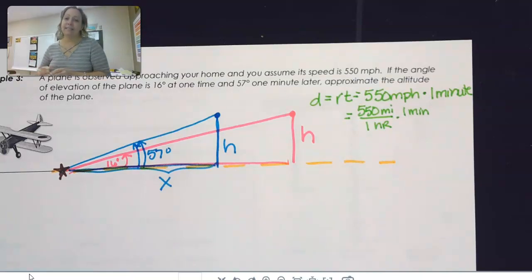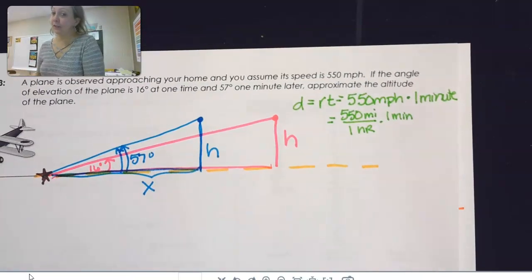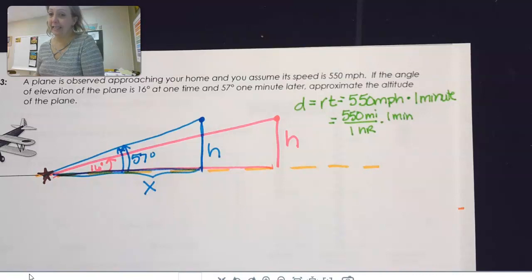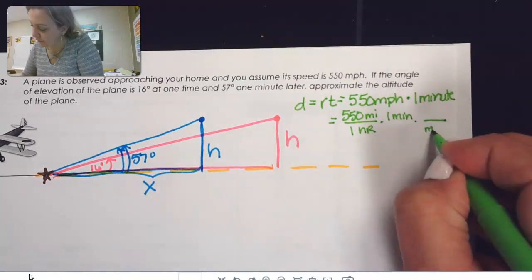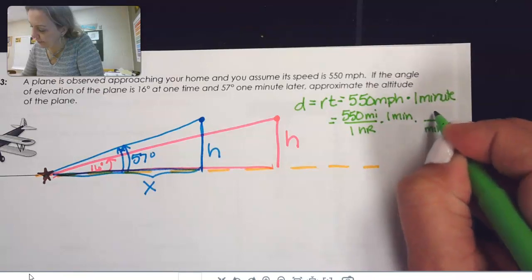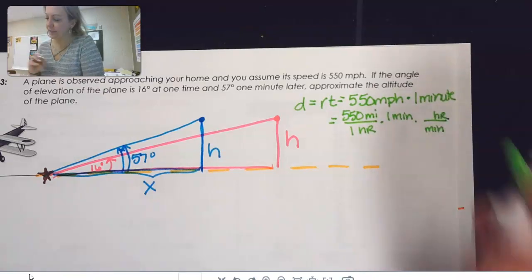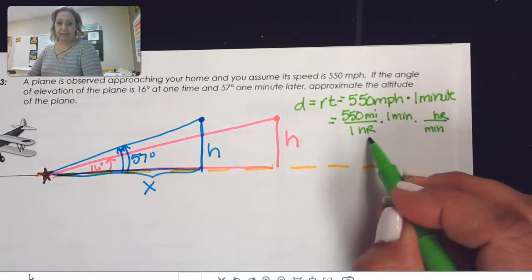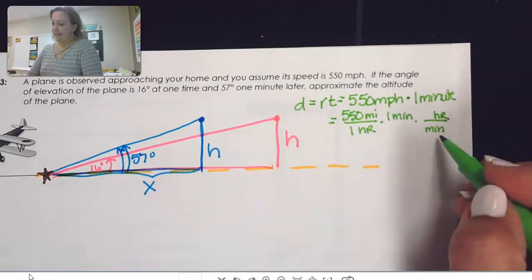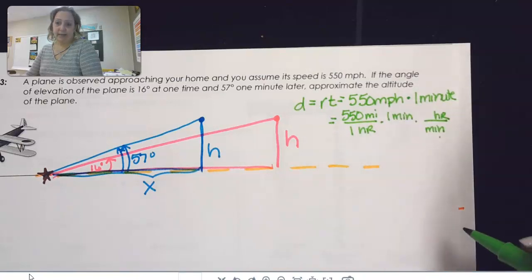And so what that means is that we're going to have to do a little conversion so that we can cancel. So the conversion is going to be how hours relate to minutes. And again, we want to have hour in the numerator to cancel with this hour, minute in the denominator to cancel with that minute.